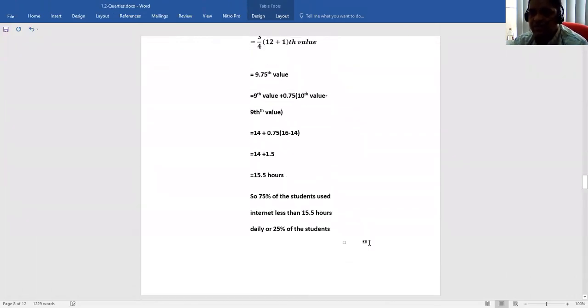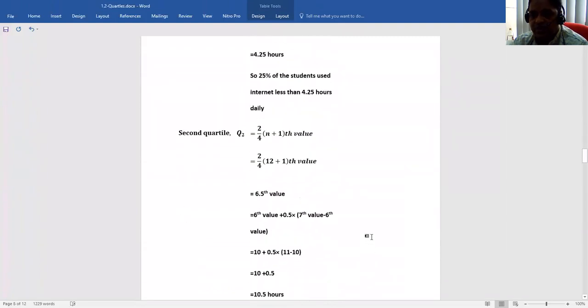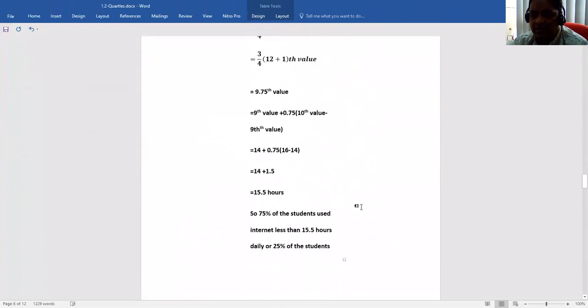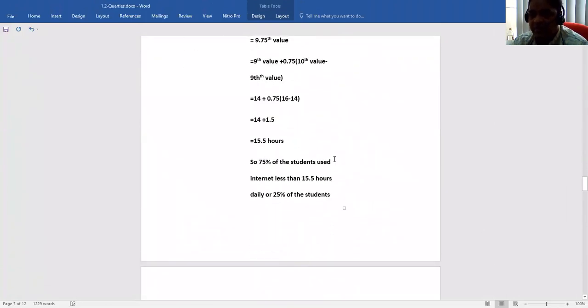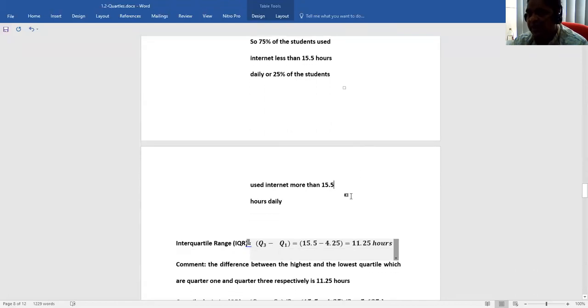So these are the quartiles you got. First quartile, 4.25 hours. Second quartile, 10.5 hours. And third quartile, 15.5 hours. Similarly, you can calculate the interquartile range, which is the difference between the highest quartile and the lowest quartile.